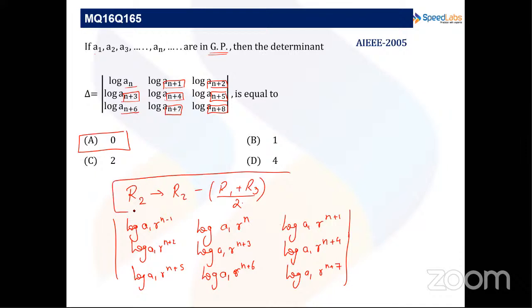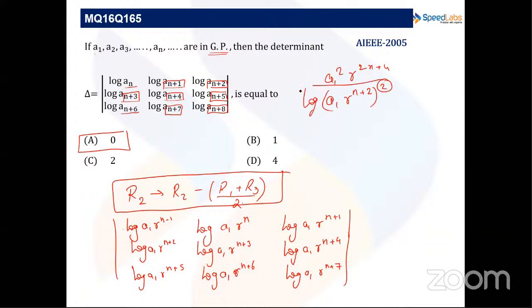So using this operation, if we are doing R1 plus R3, then due to the property of log, these two terms will be multiplied. So that will be a1 square into r to the power n minus 1 plus n plus 3, this will be 2n plus 4, that will be a1 into r to the power n plus 2 whole square with log in here.